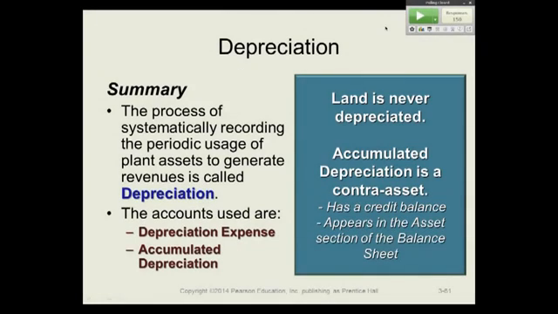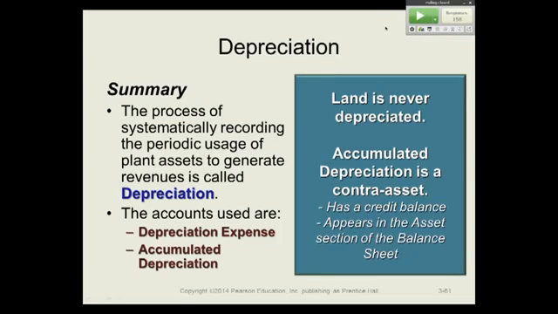So to summarize, depreciation is a process of allocating cost against revenue. We make an adjusting entry by debiting depreciation expense and crediting the accumulated depreciation. Land is never depreciated, and again, you have to think about this idea of a contra asset account. The contra asset account has a credit balance.